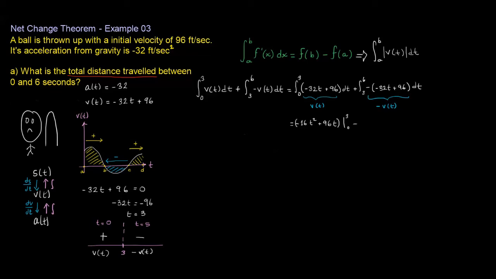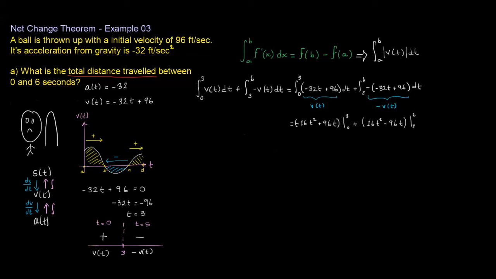And this will be plus the negative velocity, which is the same expression as the previous one but with the signs switched: positive 16 t squared minus 96 t, evaluated between 3 and 6 seconds.